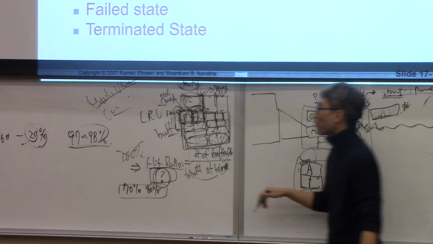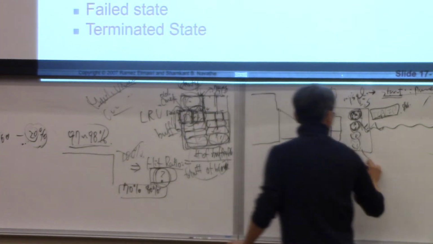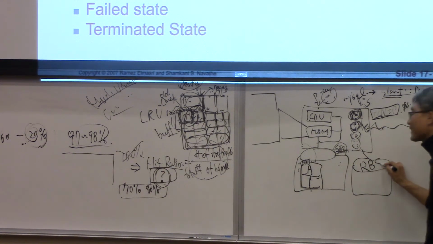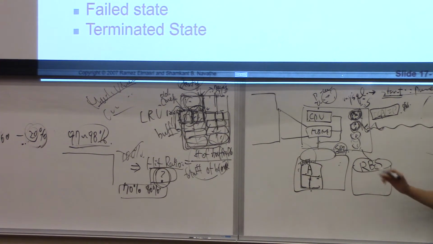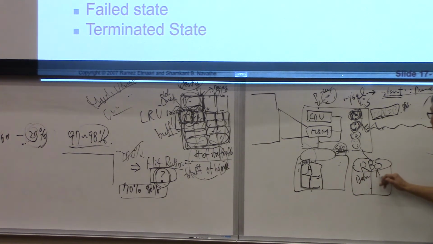To address that problem, do you remember, we are going to keep the rollback segment in the permanent storage. That is a before image, after image, temporarily.